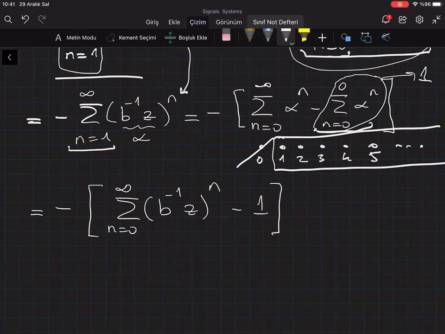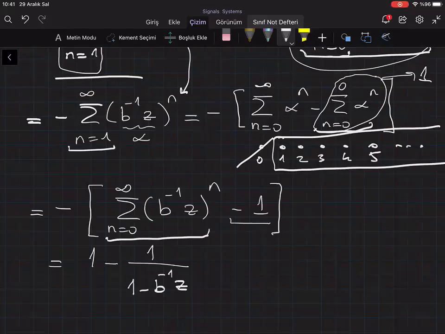Yes. So what is the result of this first part? One over 1 minus b to the power minus 1 z. I'm going to write this multiplied by minus 1, 1 minus.